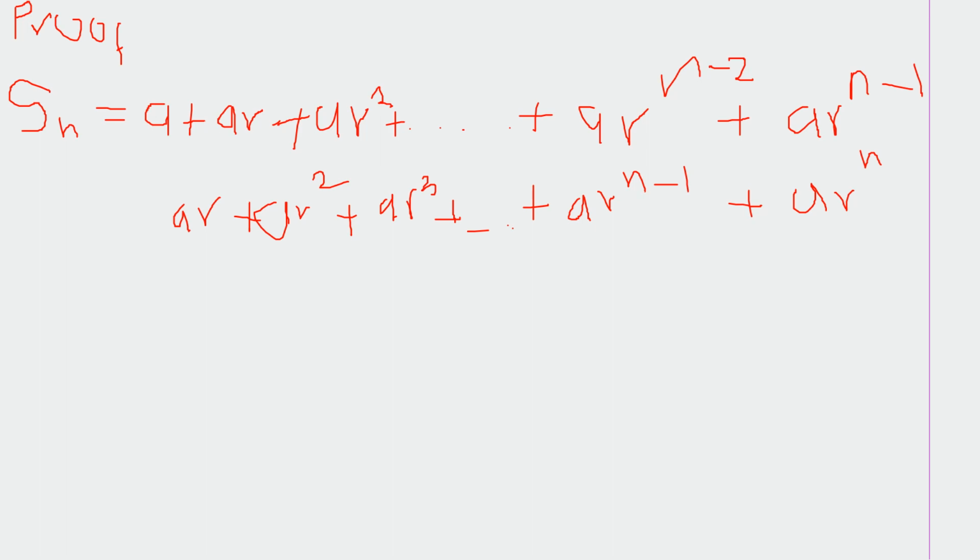Remember, we have r multiplied by Sn being equal to everything like this. And then now we just take this Sn and put it down here, just so it makes sense to you.